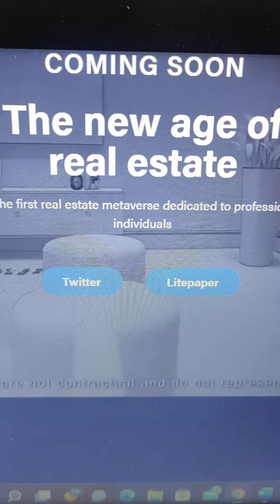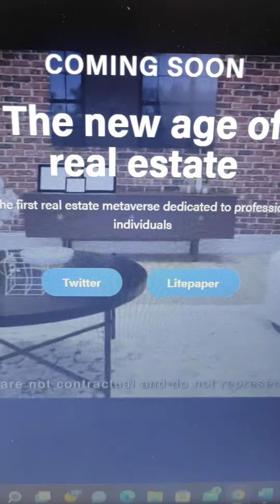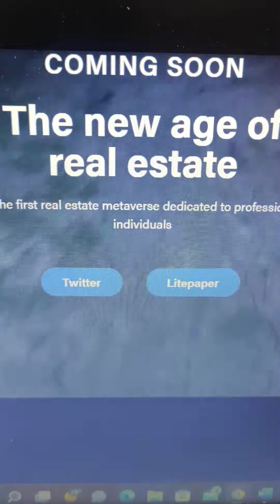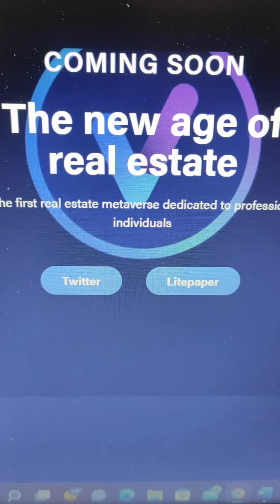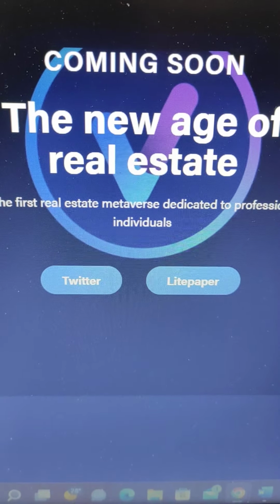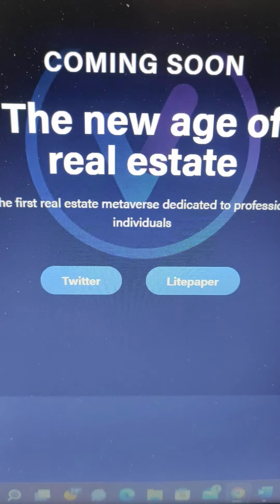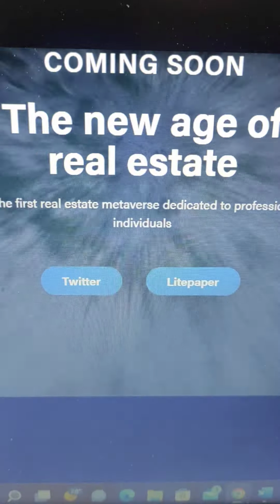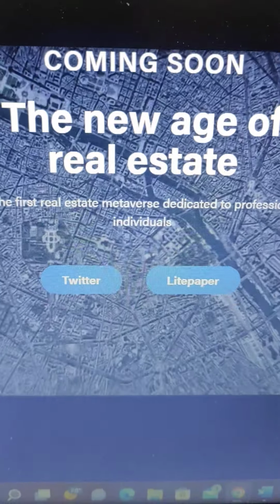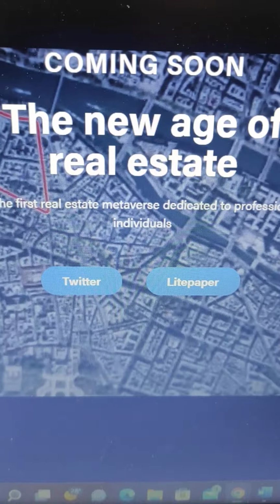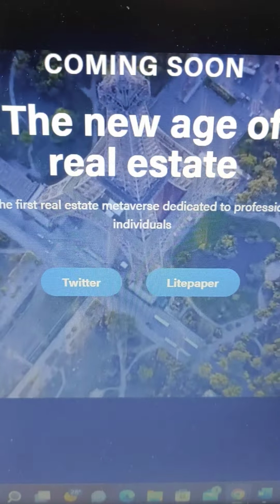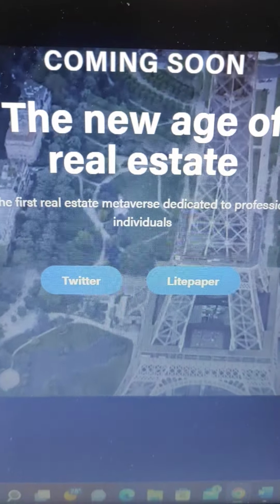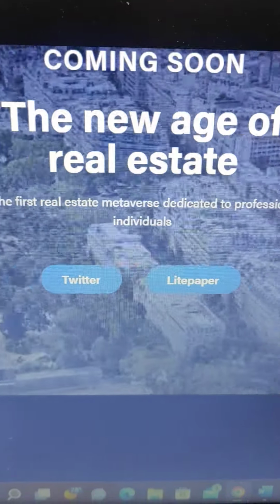So who is the audience of Versity? Who is it directed to? It is directed to real estate professionals, to service providers, of course, like movers, interior designers, 3D designers, etc. Metaverse investors, so all the people who want to invest in virtual land, such as maybe Sandbox, for example, which is one of the most famous.